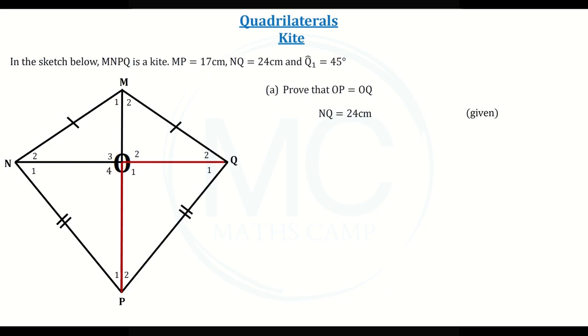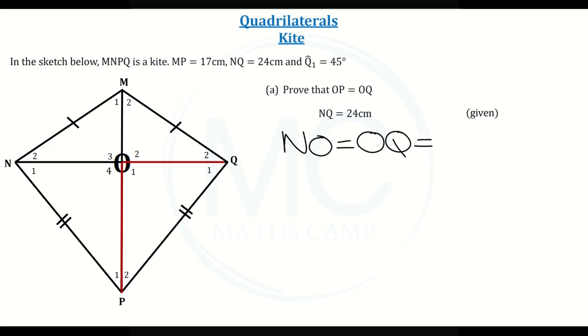Now, in a kite, the main diagonal bisects the other. So in this case, the main diagonal MP cuts NQ in half. This means that NO is equal to OQ. And both of these are equal to half the length of NQ.